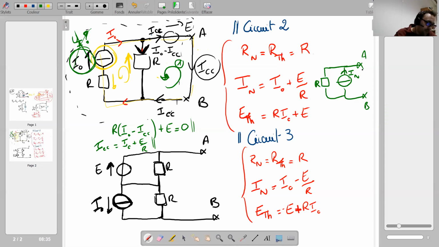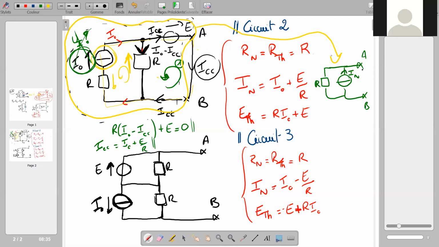Here we use the Norton model to transform all of this into this, or this. This is also called the Thevenin or Norton generator.